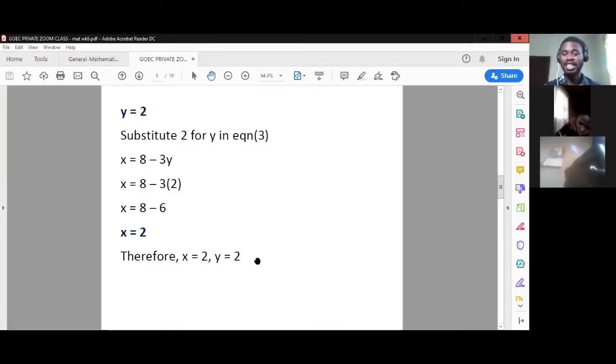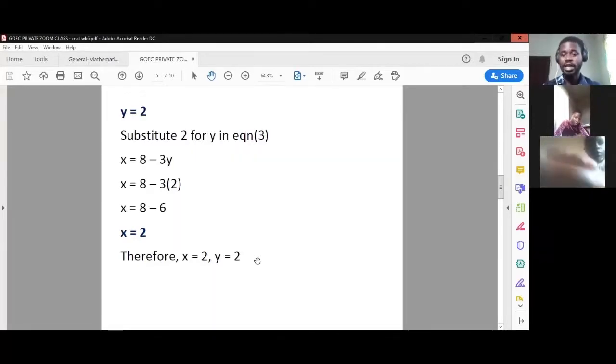I'm trying to break it down so that you can understand, but this is mathematics. So the one that is standing alone has a coefficient of 1. The first thing to do, step 1, is to identify the unknown with a coefficient of 1.